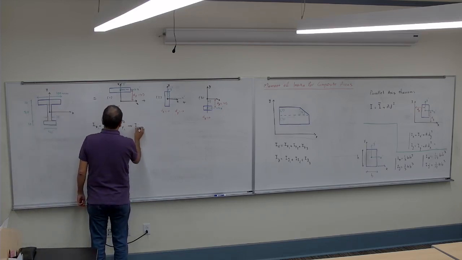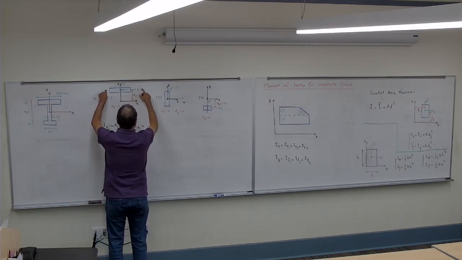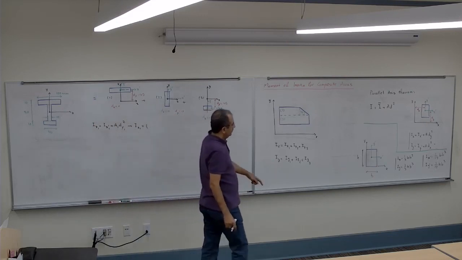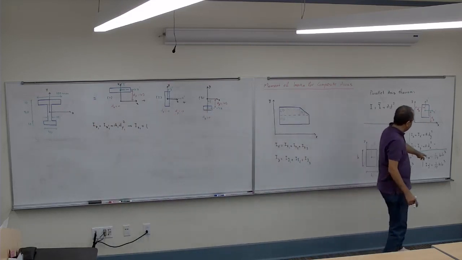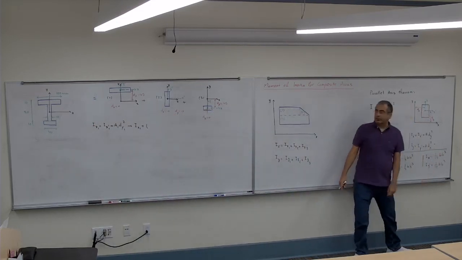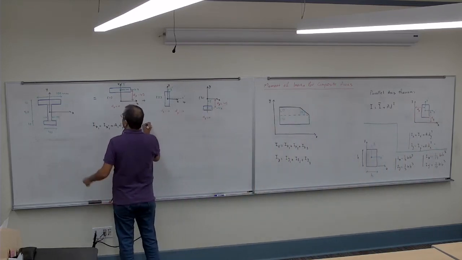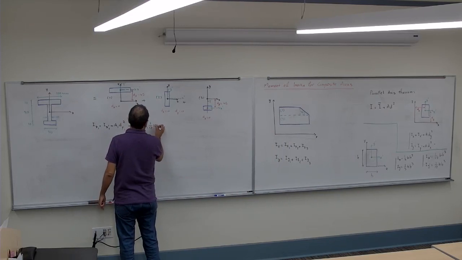So how much is it gonna be? I about the x1 is gonna be I about the x prime, how much is the I here? 1/12 of b h cubed. So it's gonna be 1/12 of b, which is 100, h is 10 cubed.